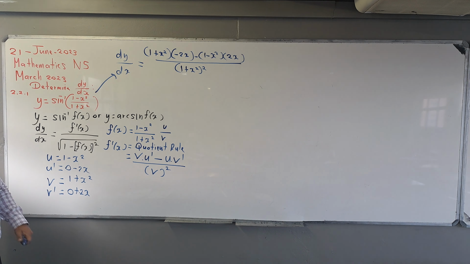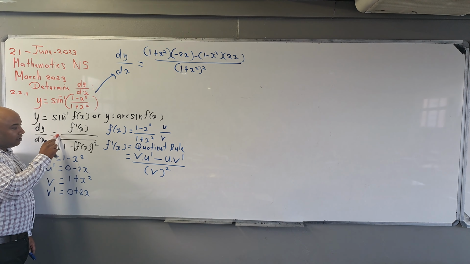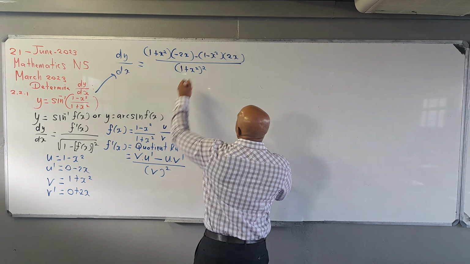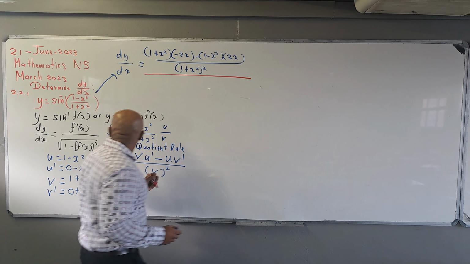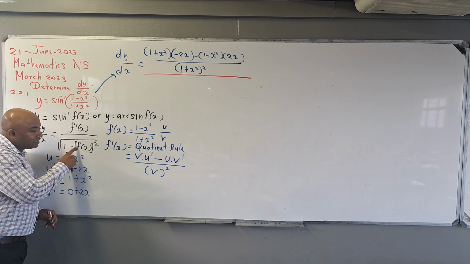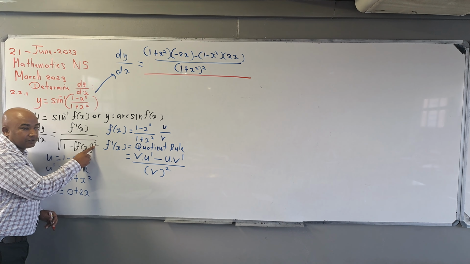So now I have just worked out the numerator of this formula here. Now it's divide by. So let me put my division line here. So that's divide by, and then I have the square root of 1 minus f of x all squared.